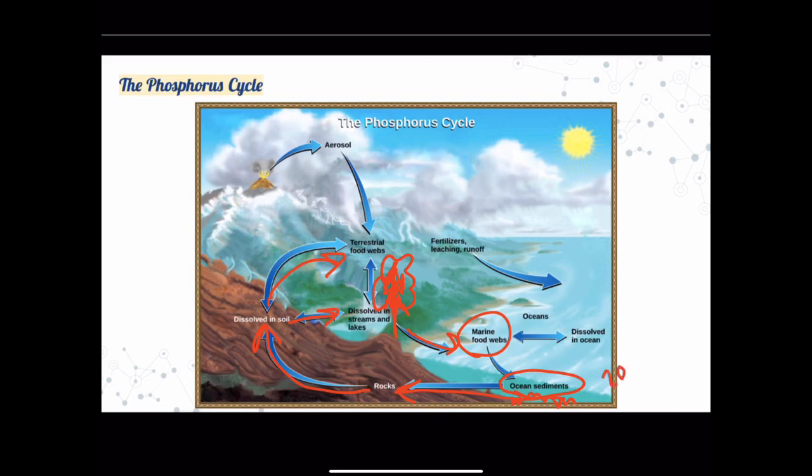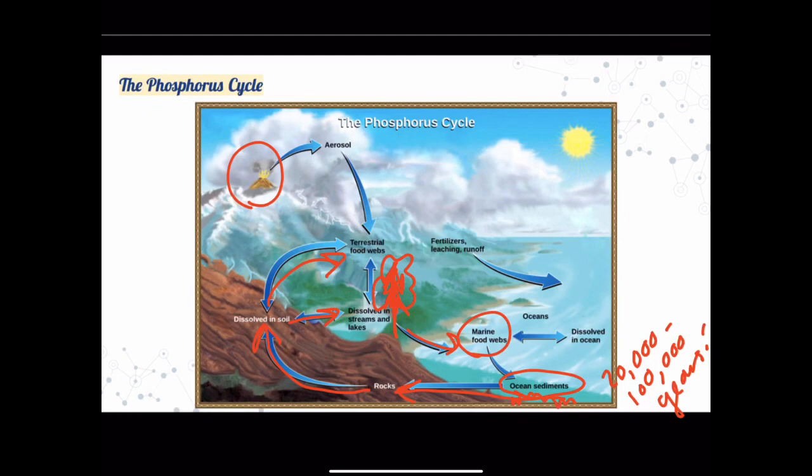We're talking 20,000 to 100,000 years for animals to die, turn into rock, and then move into a usable source. A quick note, because it's in this picture, volcanic ash is also a source of phosphorus in our planet and in our environment.